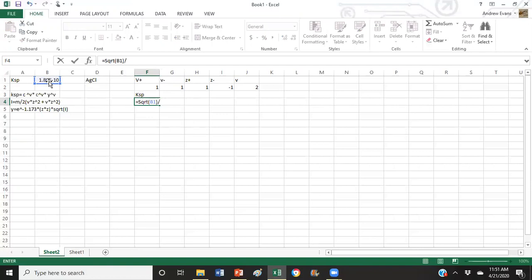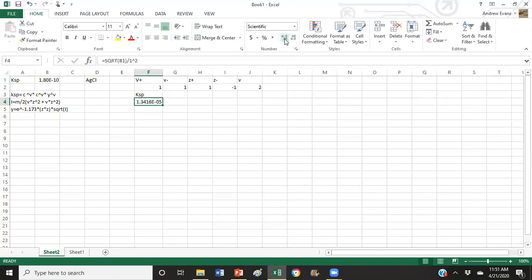This divided by, we're going to call it 1 to the power 2. So there gives us, I'm going to go a couple more decimals out, our first starting concentration.